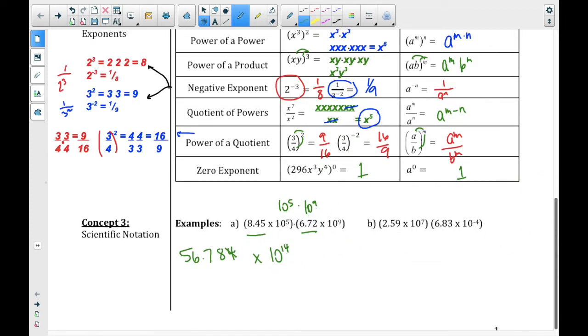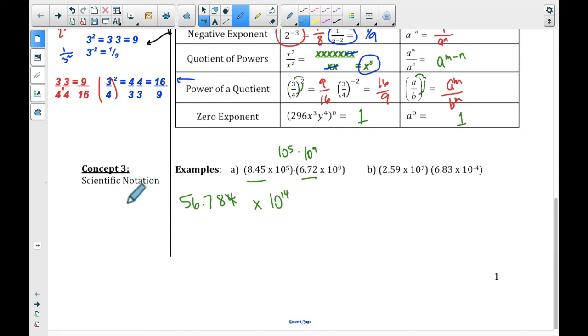And then the only little thing is in scientific notation, we really only go up to the ones place. So you really need to move that over, and you get 5.6784 times 10. Now, if we moved it over 1, then we have to increase this one by 1. So that is 15.